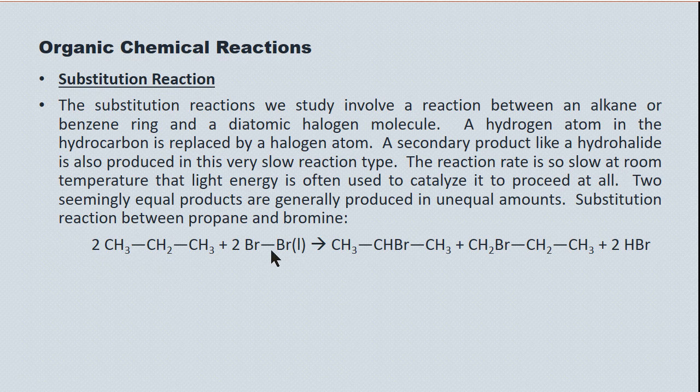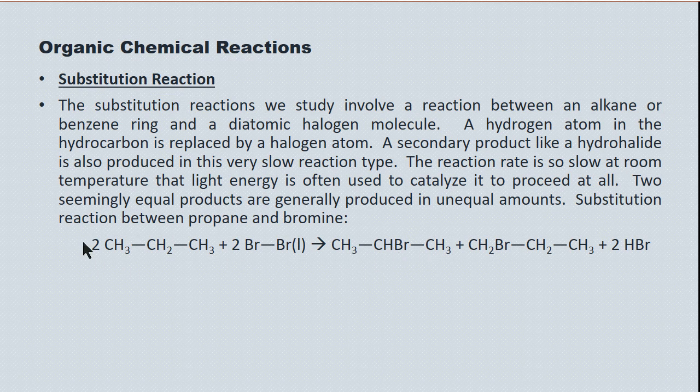Here we've got our Br2 molecule. One of the atoms bonds to the middle carbon on the propane, and in fact it substitutes for one of the hydrogens, and the hydrogen bonds to the remaining bromine, and it gives us our secondary end product, HBr. The resulting alkyl halide then is 2-bromopropane.